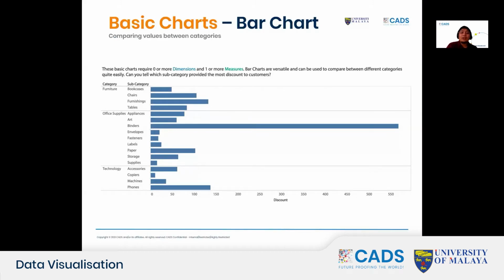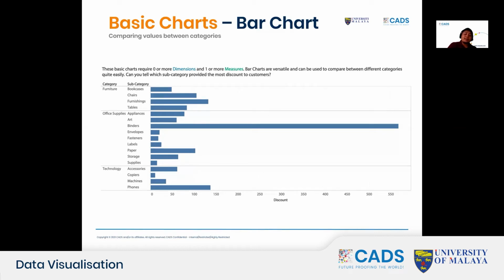When we are talking about a bar chart in the Tableau context, we are using a category, which we could also describe as a dimension, and then a numerical variable, which we call a measure. So this is one example of a bar chart.